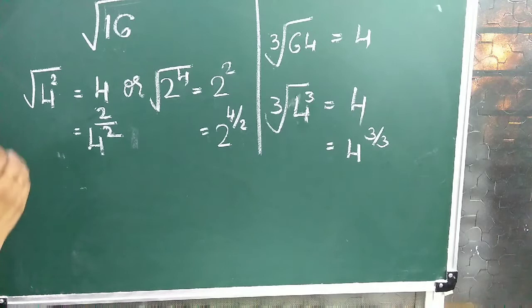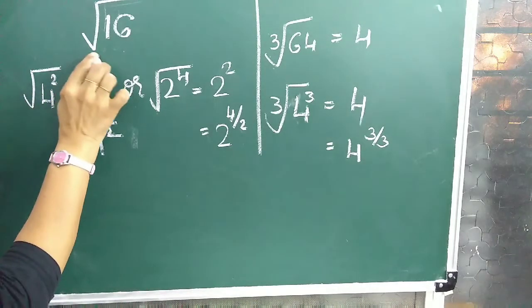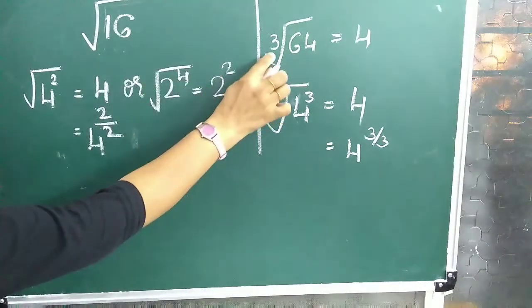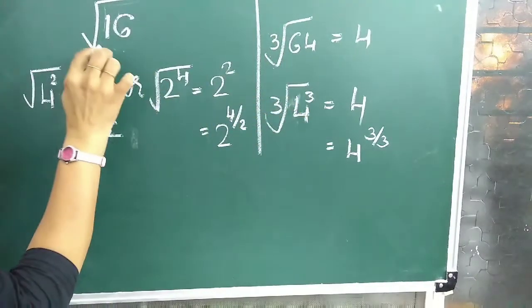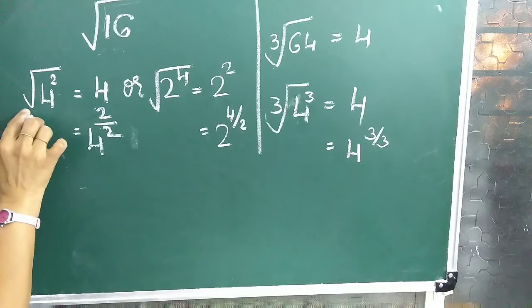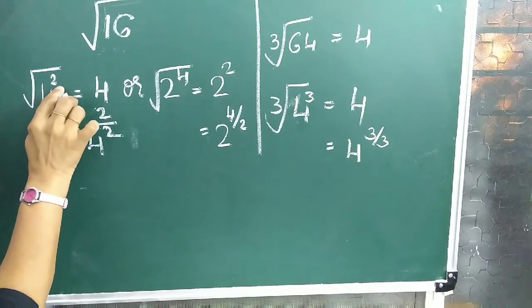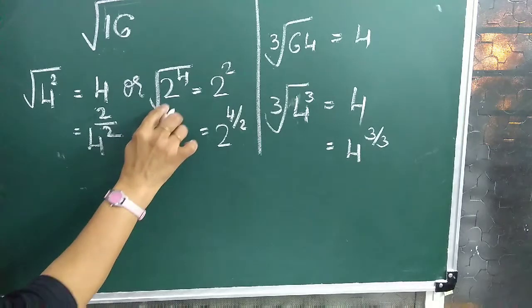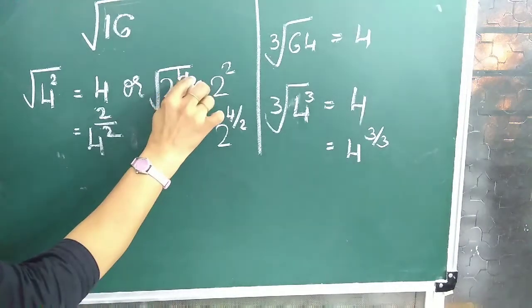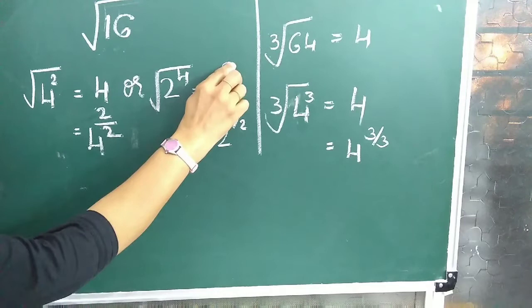Now let us consider some examples. Root 16, third root 64. We know root 16 can be written as root 4 square, that's equal to 4, or root 2 raised to the power 4, that's equal to 2 square.